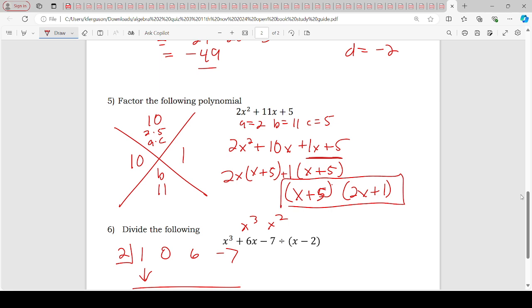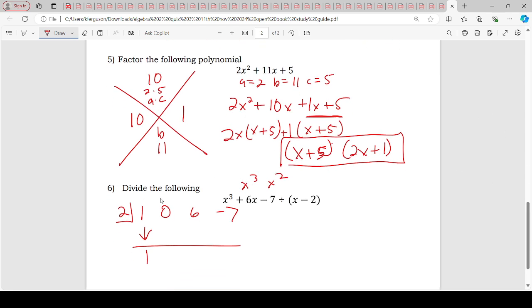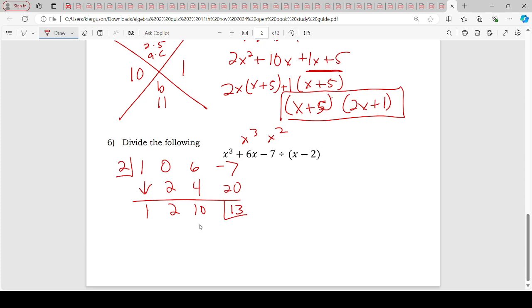That's my answer there. And then finally, because I got like a minute left, bring the 1 down. 2 times 1 is 2. 0 plus 2 is 2. 2 times 2 is 4. 6 plus 4 is 10. 2 times 10 is 20. And then I got a negative 7 and a positive 20. That's a positive 13. Now this one I need to finish.